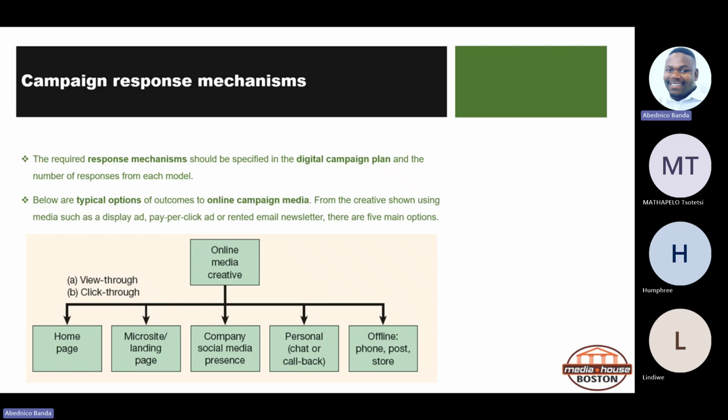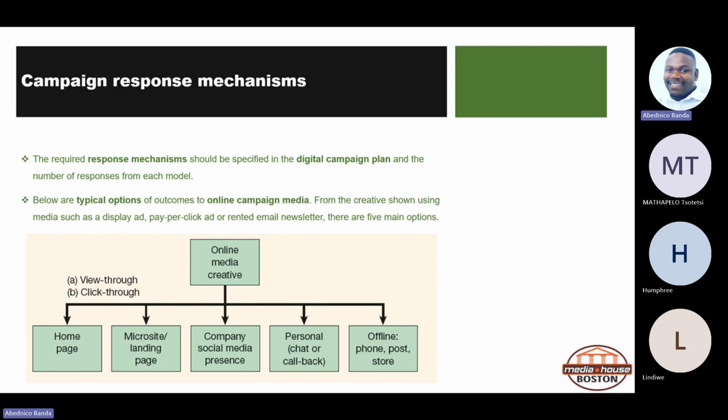The required response mechanism should be specific in a digital marketing campaign, and the number of responses from each model. So now we are looking at the interaction that we can have from the actual campaign. Below are typical options of outcomes of online campaign media.